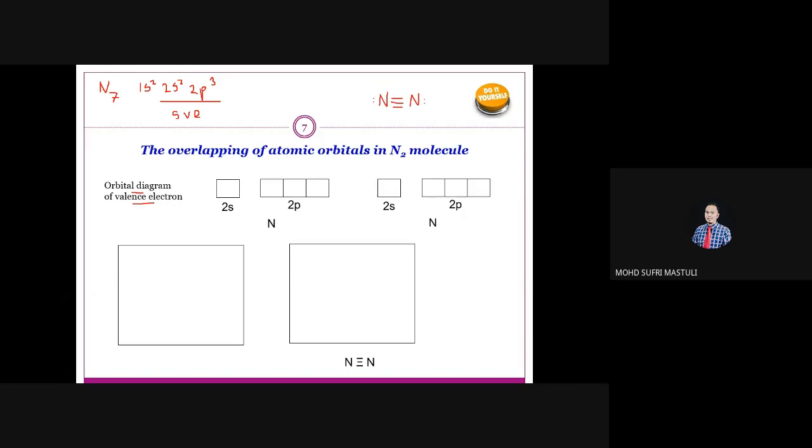We know each nitrogen is 2s2, and 2p is 2p3, so it's 1, 2, 3. The other nitrogen is also 2s2, and then this one is 2p3.